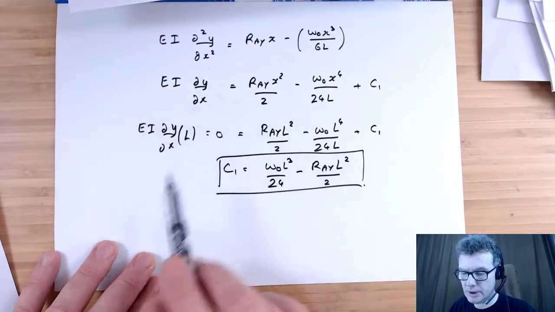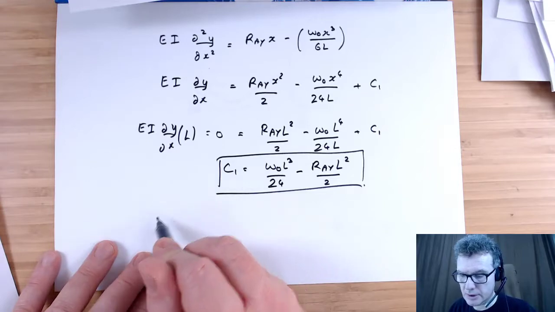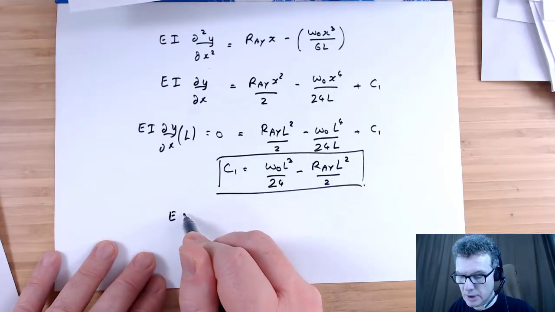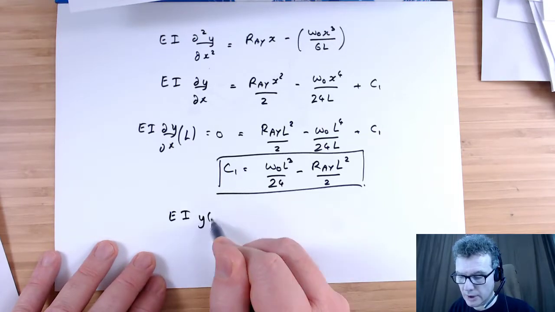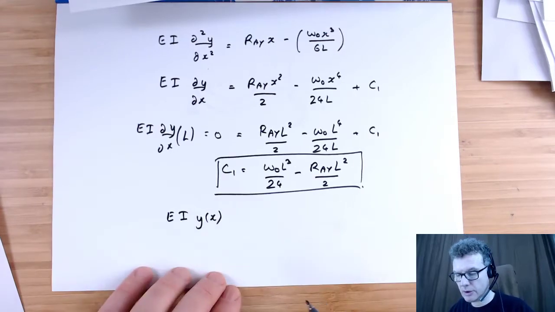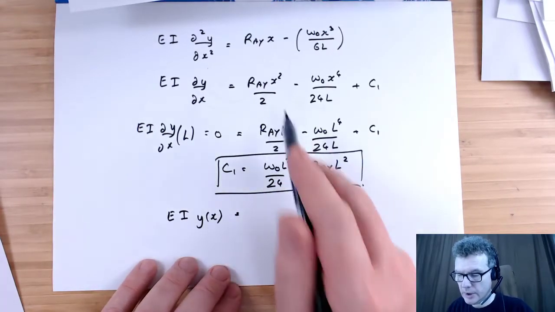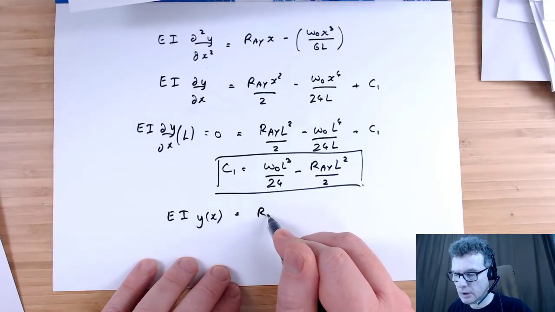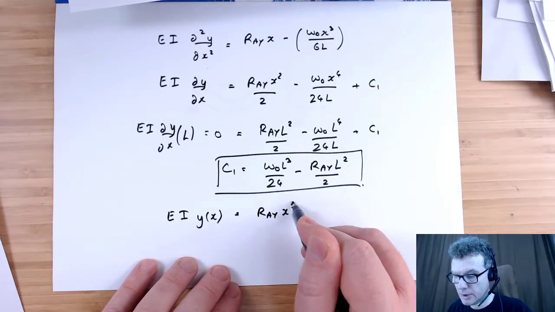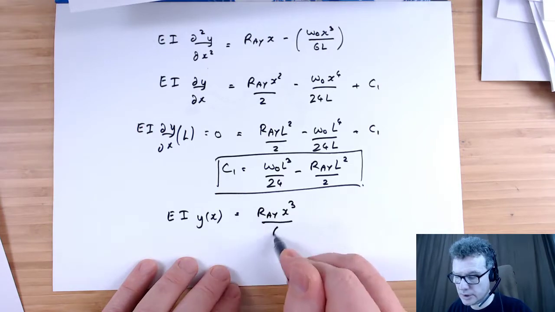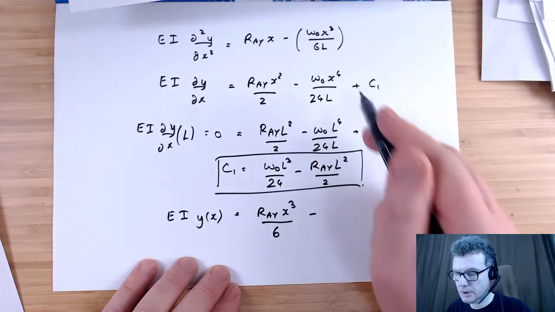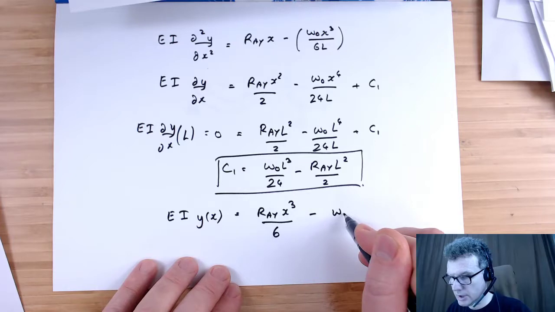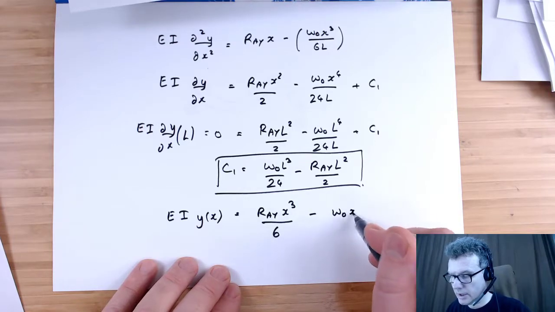Now let's integrate this again. So that's going to give me EI y, which is going to be a function of x. Integrate this, that's going to give me RAY x to the power 3 over 6. Now integrate that. I'm getting big numbers now. X to the power 5.